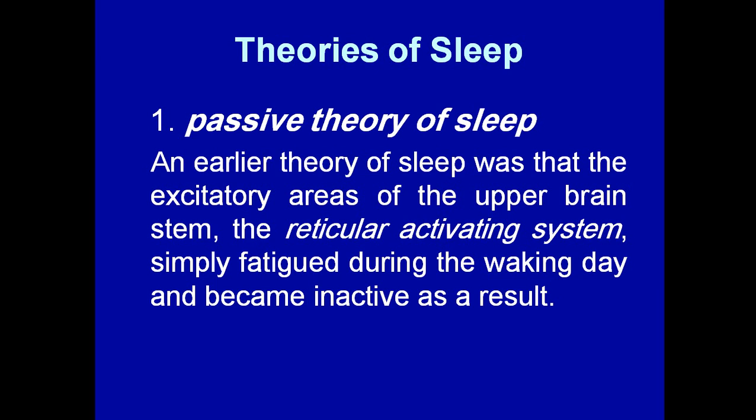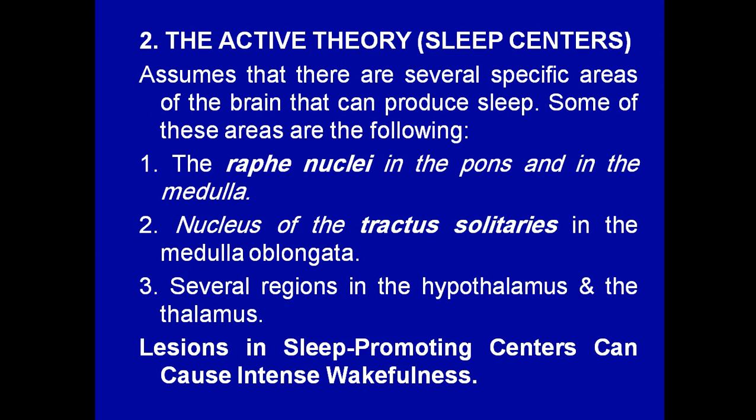Theories of sleep. Passive theory of sleep, an early theory, says that the excitatory area of the upper brain stem, the reticular activating system, simply becomes fatigued during the waking day and becomes inactive as a result.